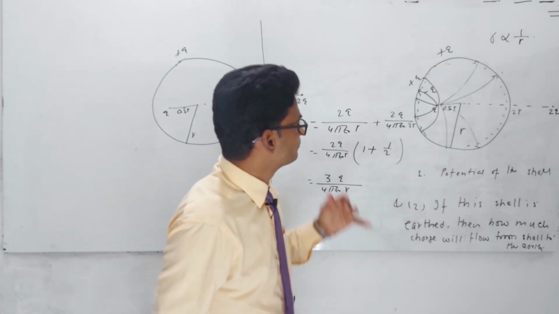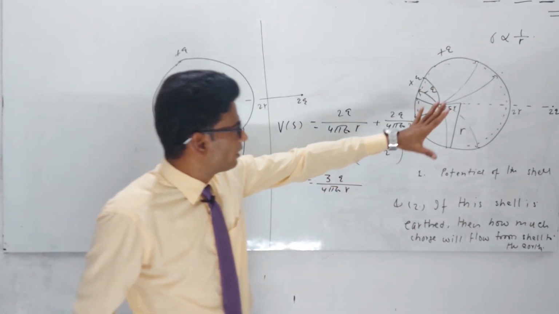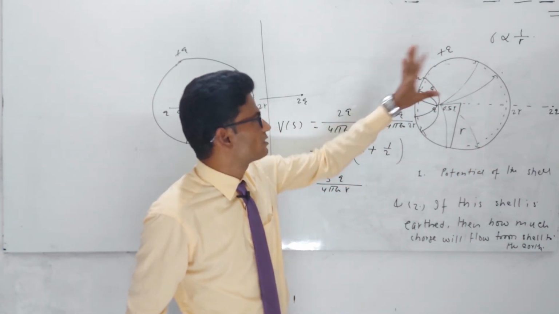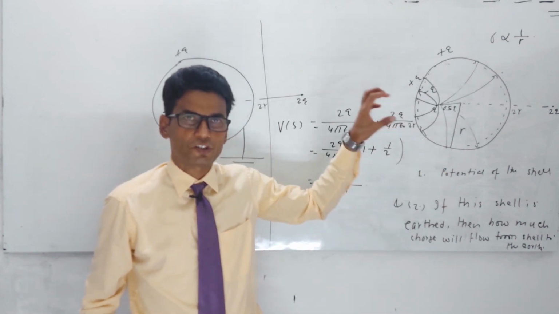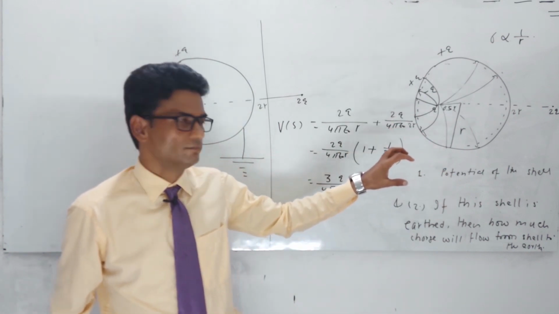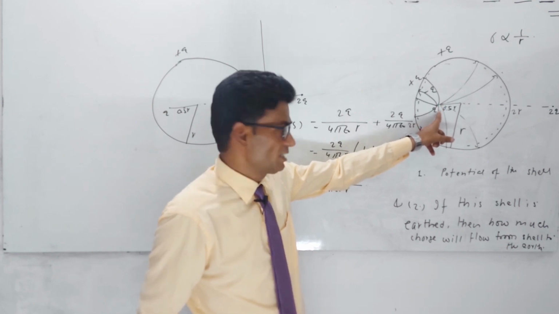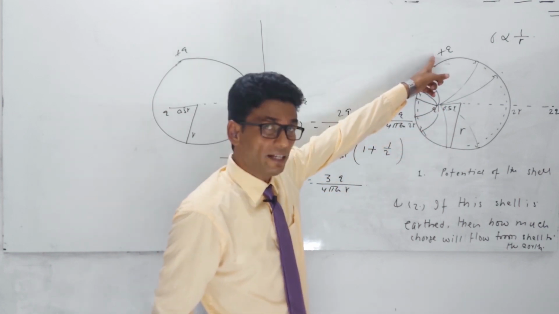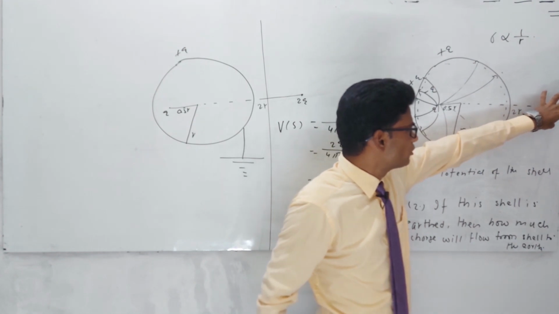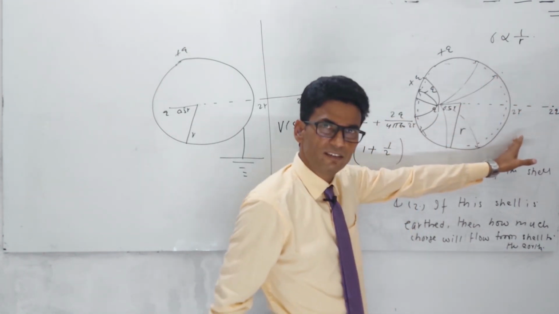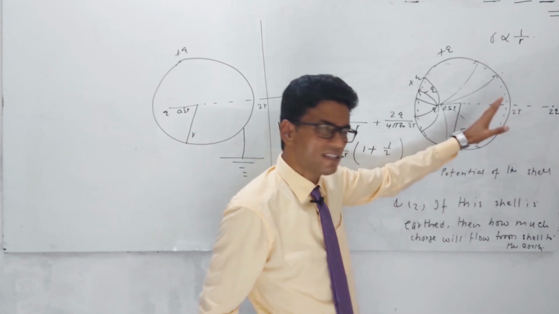Before earthing, how much charge is on this shell? Plus q due to induction of the inner charge, plus q already given on the shell, and this plus 2q charge induces negative charges in front and as much positive charges on the rear end.